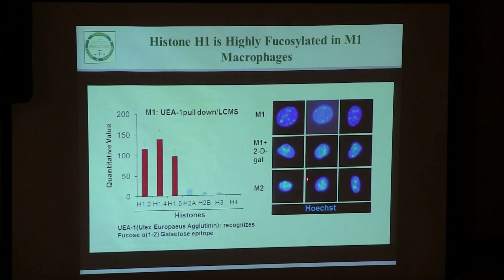Because the major function of H1 is to promote chromatin packing, we looked at the chromatin structure, and highly consistent with the mass spec data, in the M1 macrophage the chromatin structure is relaxed, compared to M2, which is highly condensed.